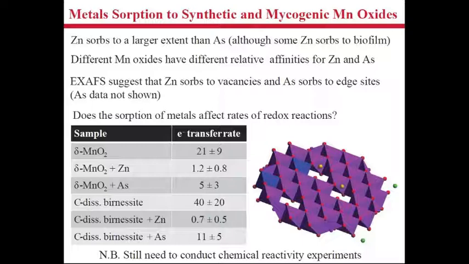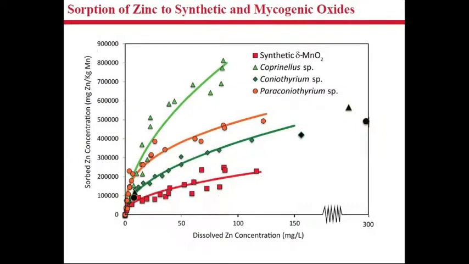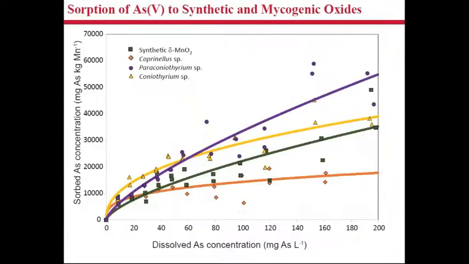There were different manganese oxides, meaning there was a different order to which had the maximum absorption capacity for arsenic versus zinc. So if we go back in our data, copernellus is the big winner here, then paraconiotharium, then coniotharium, and then the synthetic. Whereas here it's paraconiotharium, coniotharium, and then the copernellus.